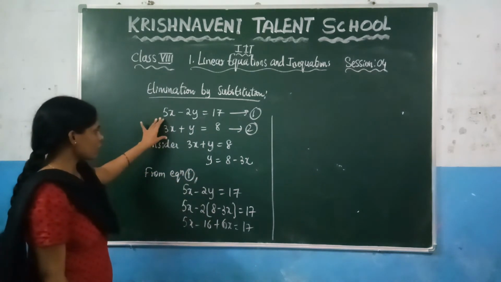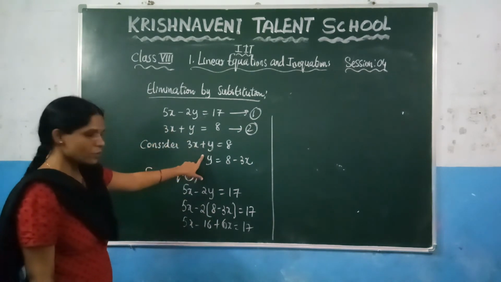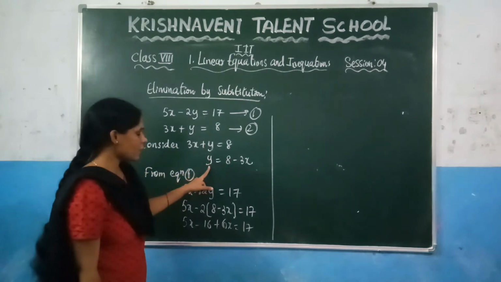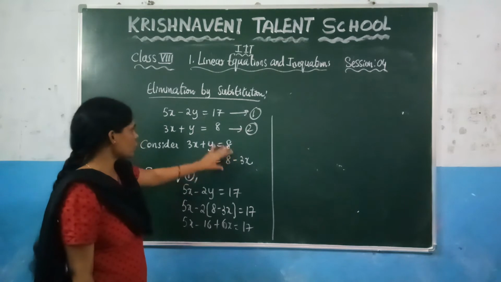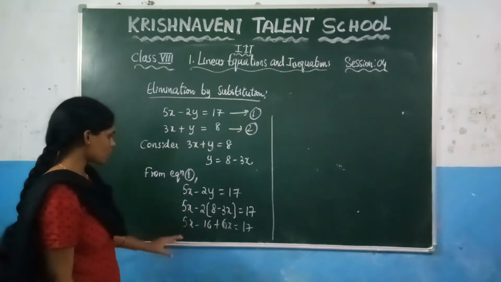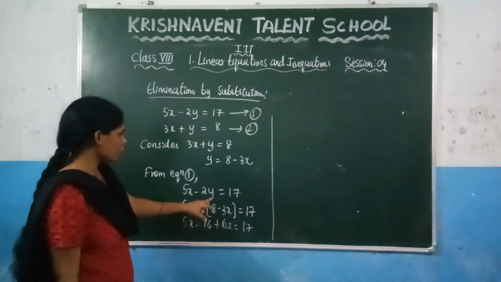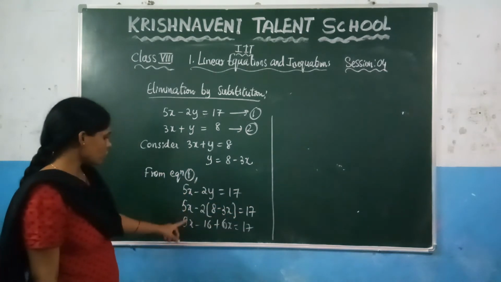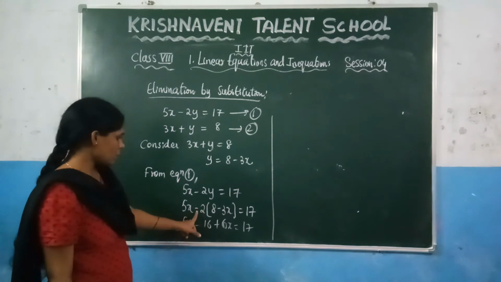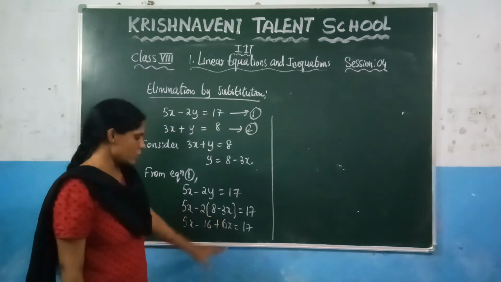We took this equation, 3x plus y is equal to 8, and from that we calculated the value of y, which is 8 minus 3x. This value we substituted here: 5x minus 2 into (8 minus 3x) is equal to 17, which gives 5x minus 16 plus 6x.